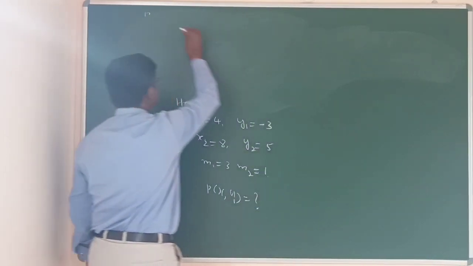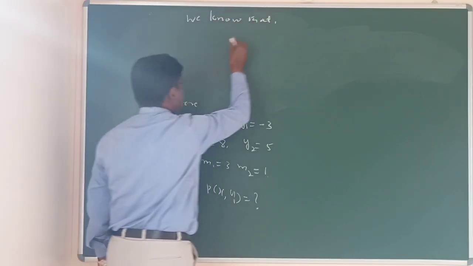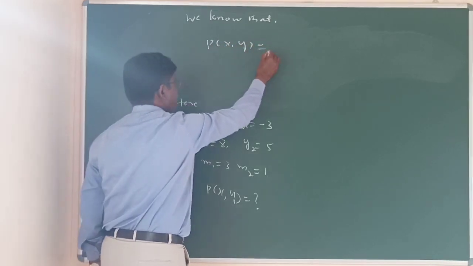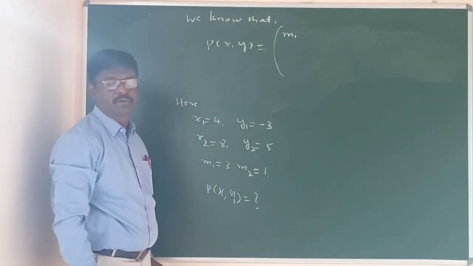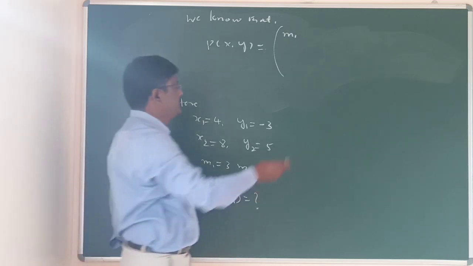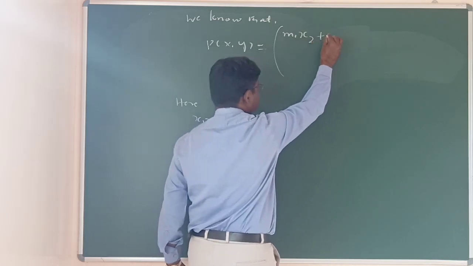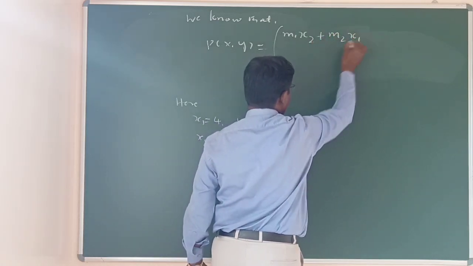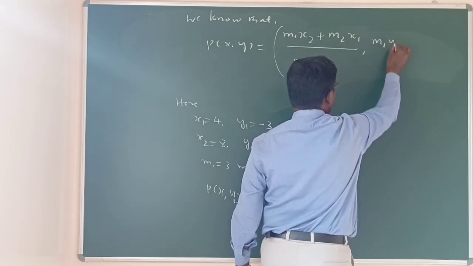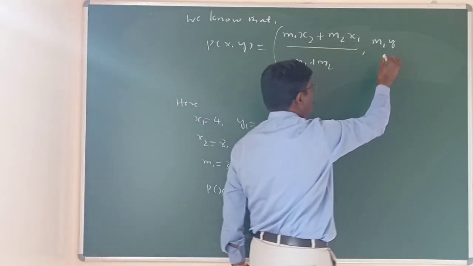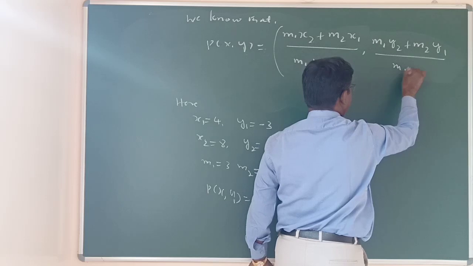We know that P(x, y) equals m1 x2 plus m2 x1 divided by m1 plus m2, comma, m1 y2 plus m2 y1 divided by m1 plus m2. Remember the formula, very easy: just know m1, it's enough.